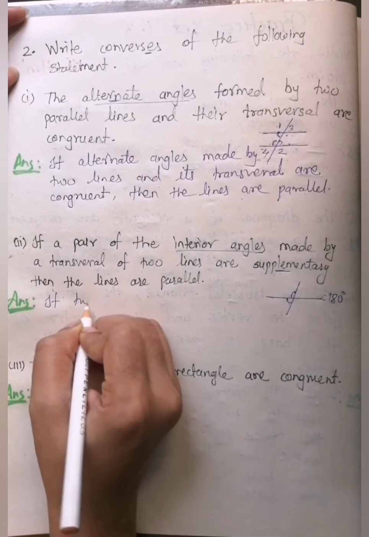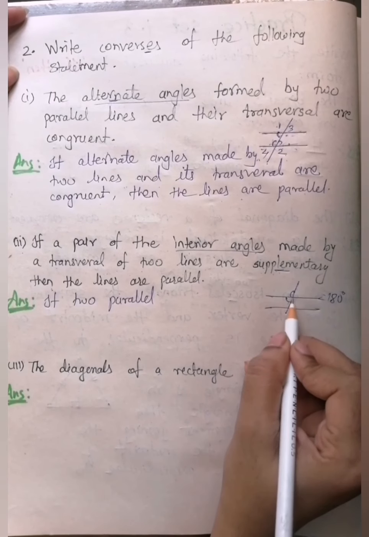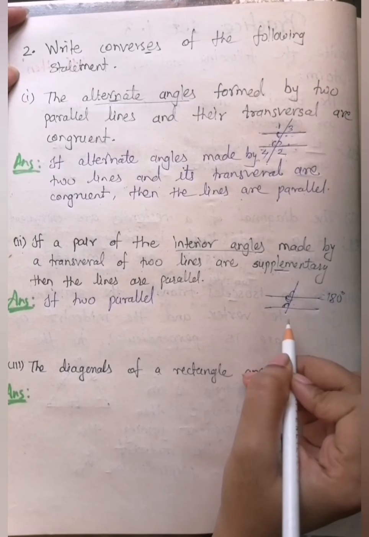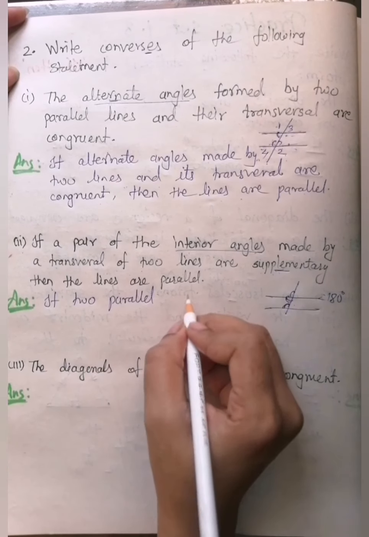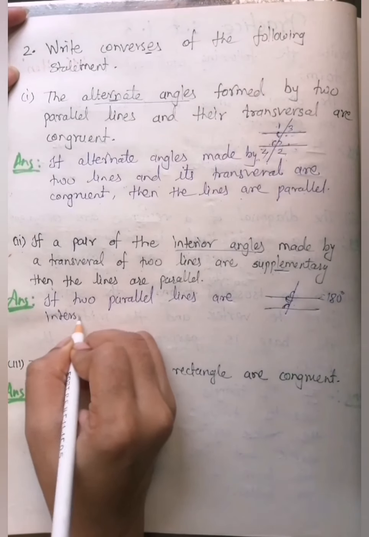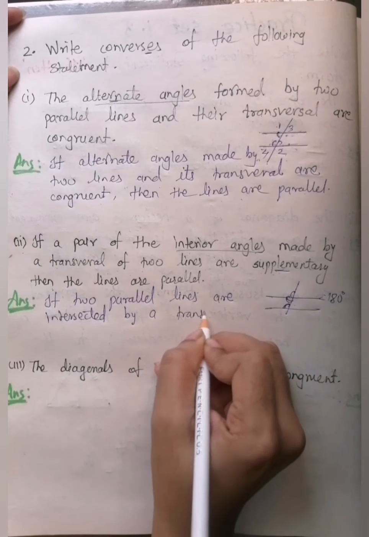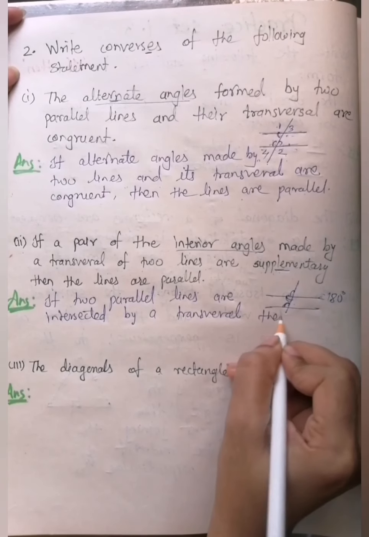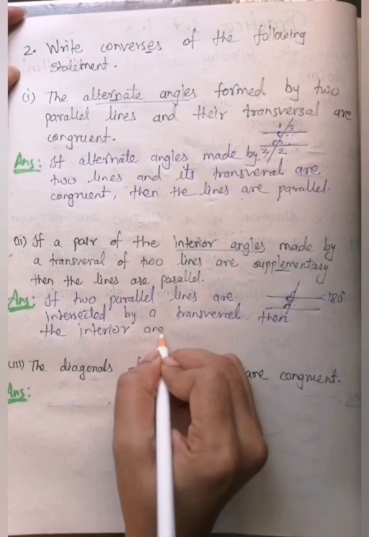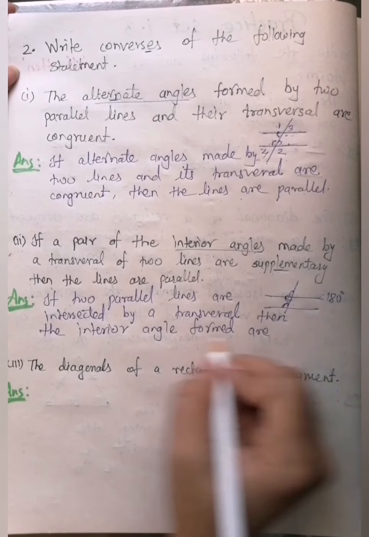First write down: if two lines are parallel. So we get two parallel lines. This one and this one are interior angles. So if two parallel lines are intersected by a transversal, then the interior angles formed are supplementary.